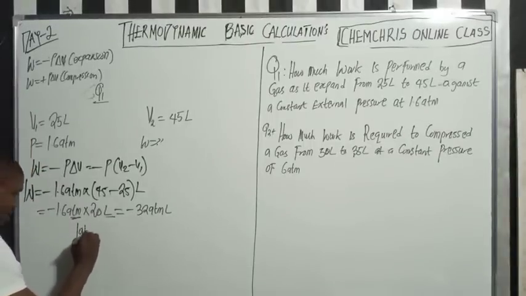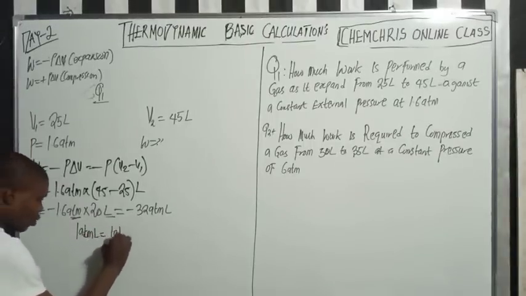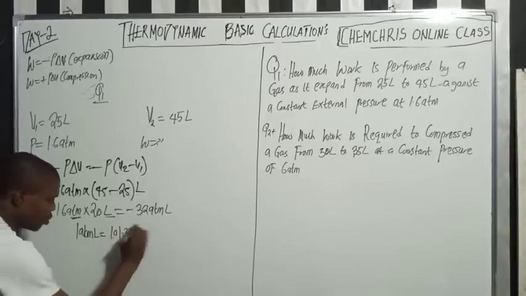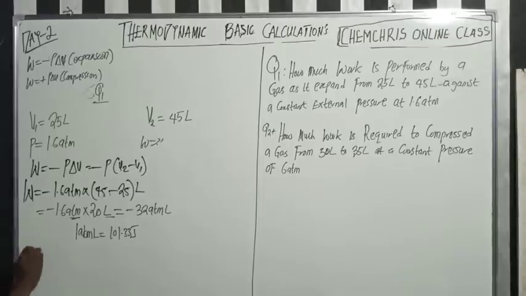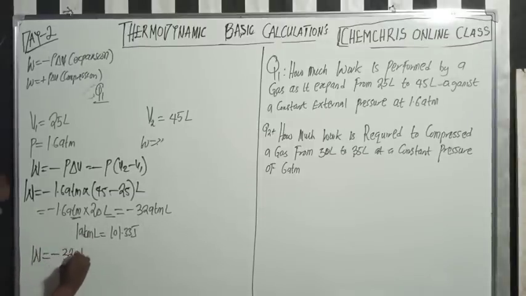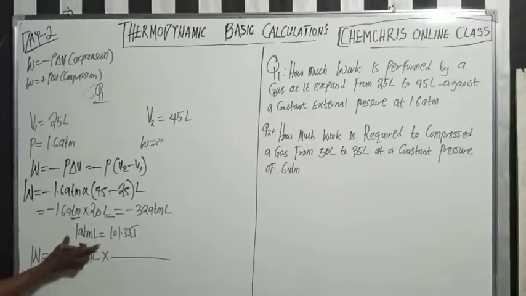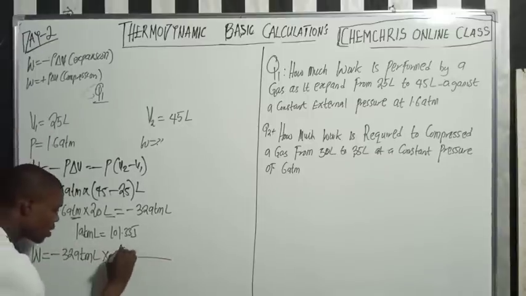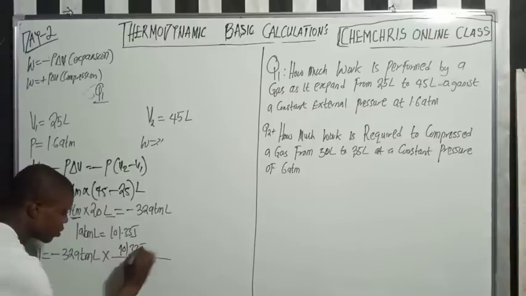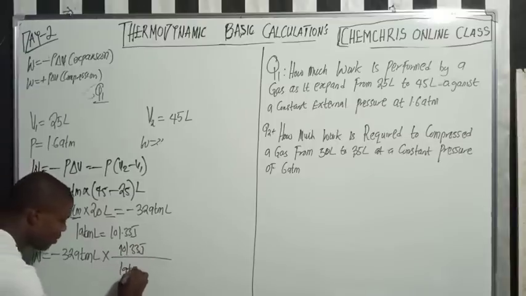1 atm liter equals 101.33 joules. So W equals minus 32 atm liter times 101.33 joules over 1 atm liter.